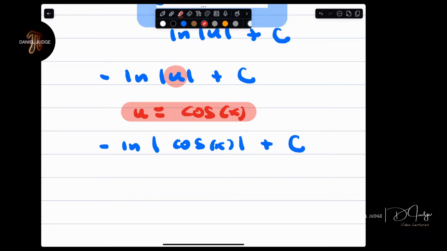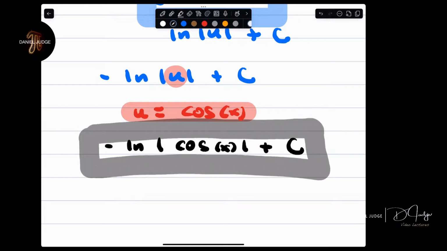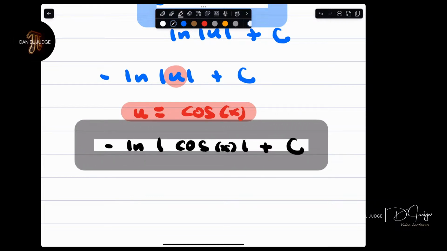So this is our answer. Minus natural log absolute value of cosine x plus c. And ladies and gentlemen, there you go. That's what you got.